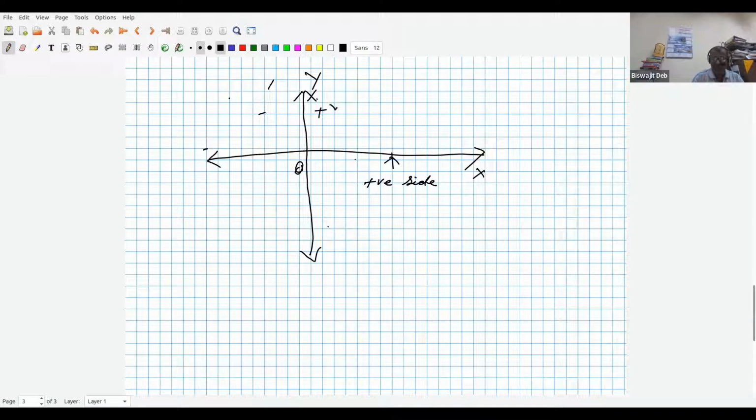This is the positive side of the y-axis, and from O onwards, this is the negative side, and this is the negative side of the x-axis. So we have understood what the positive side and negative side are.